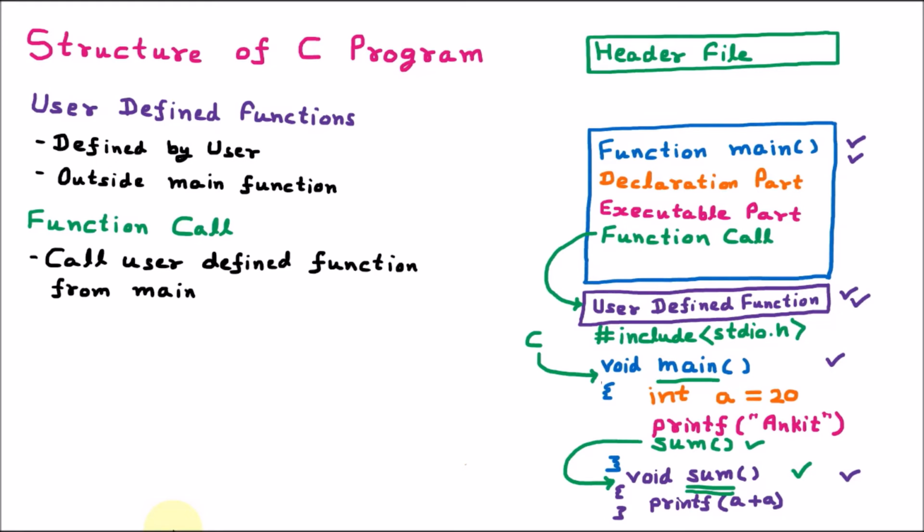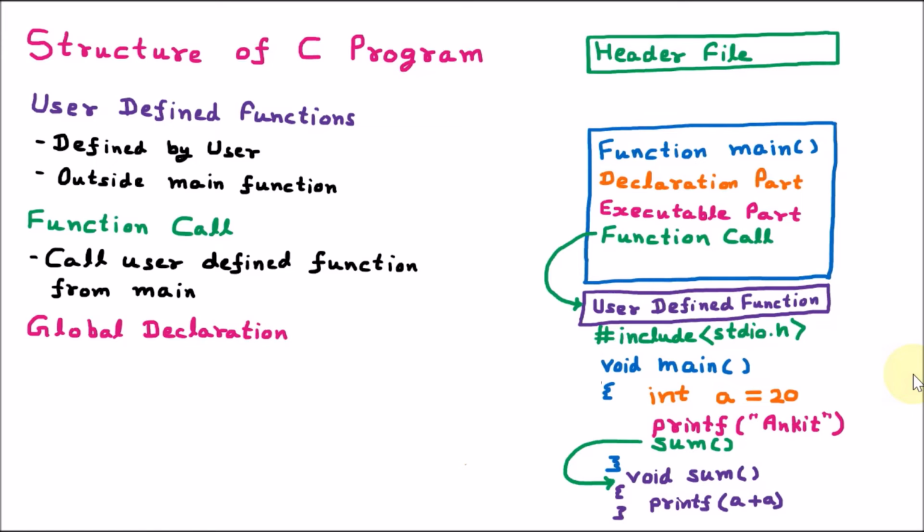Next part of the structure of a C program is global declaration. Earlier we have learned that there is the declaration part, which is called the local declaration. So here int a equal to 20, this is the local variable or the local declaration. Why is it local?